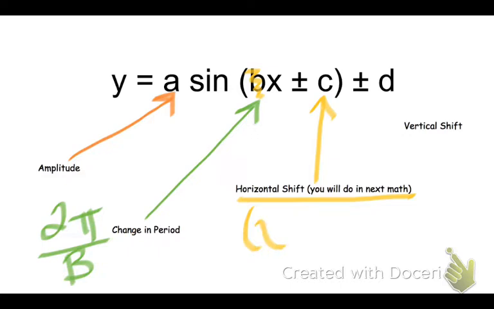Don't forget, your x lies. It's inside the parentheses, so he is lying. And then last but not least, the vertical shift is the outside value.